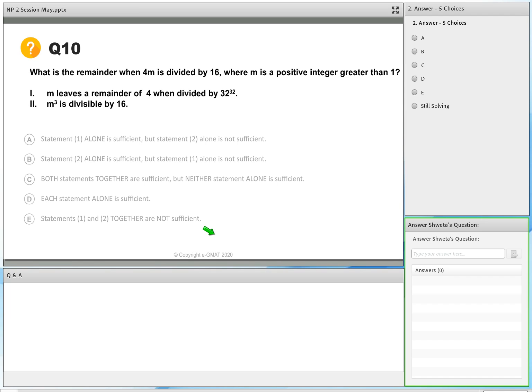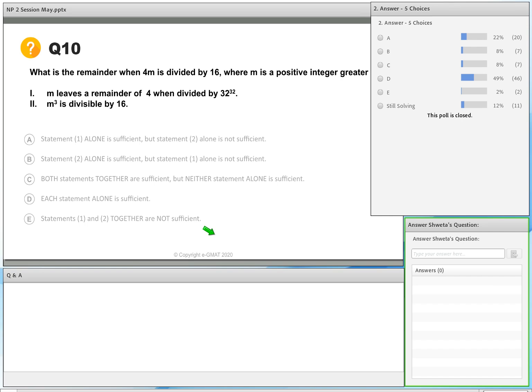Ending the poll in 15. All right, then here are your responses.